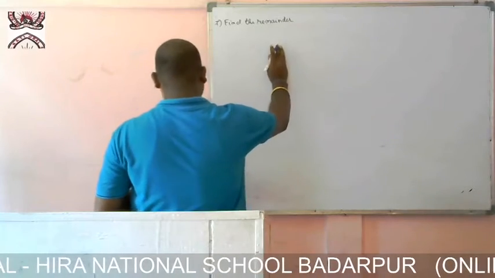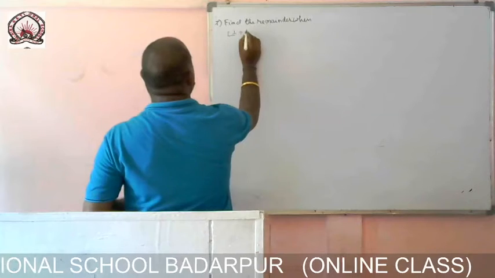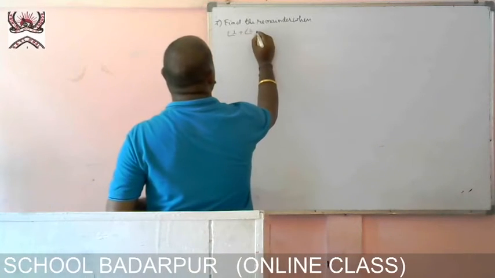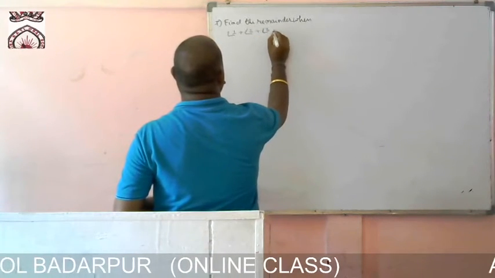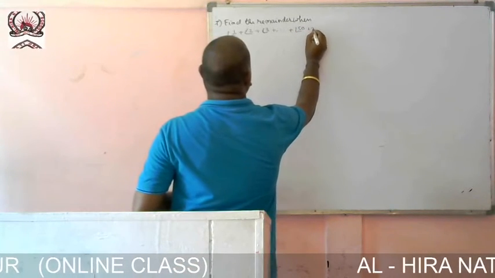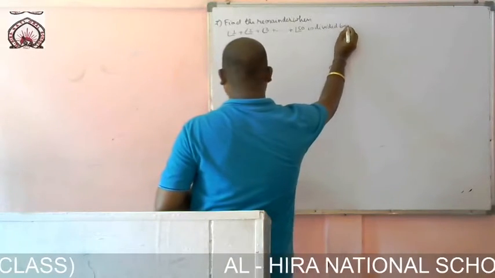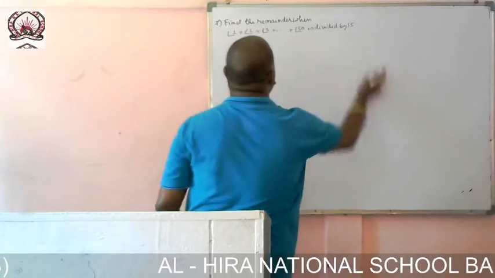Find the remainder when factorial 1 plus factorial 2 plus factorial 3 plus dot dot dot plus factorial 50 is divided by 15.